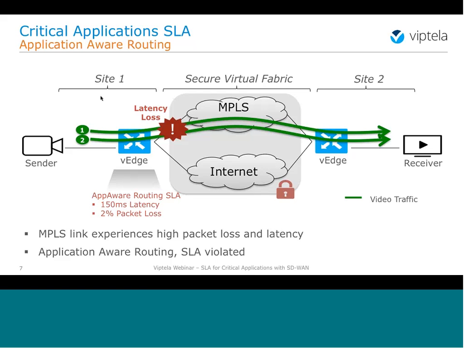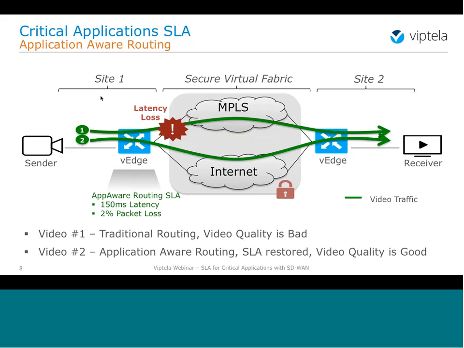So when link latency and loss is occurring on the path between vEdge 1 and vEdge 2, video number 1, which is unconditionally sent through the MPLS network, is experiencing a severe performance degradation, because there's really no mechanism baked into traditional routing to successfully take a remediative action on that traffic.